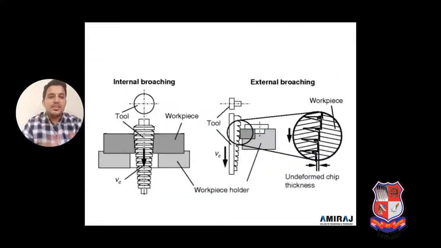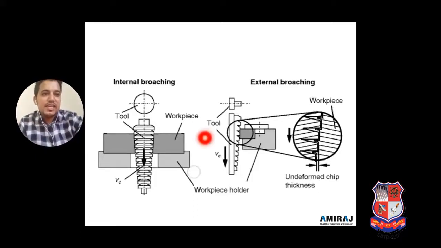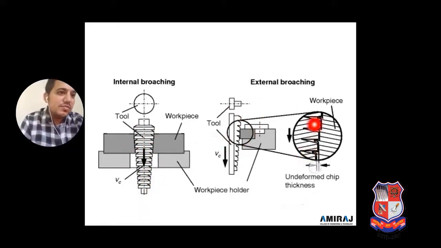So this is particularly internal broaching and external. Have you observed that this is the internal broach, and this is the external broach. In external broaching, if you observe, this is our working principle: this is the workpiece, there is the cutter, and we will remove the material from this cross section.